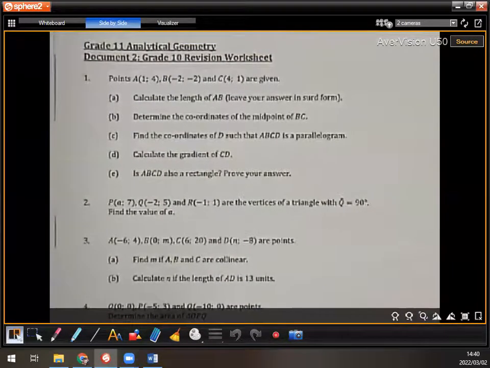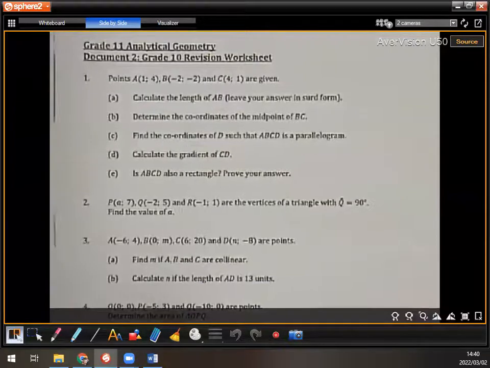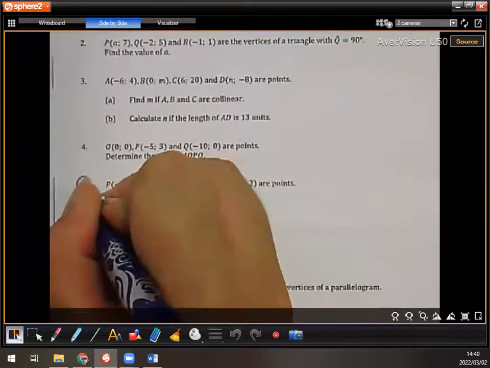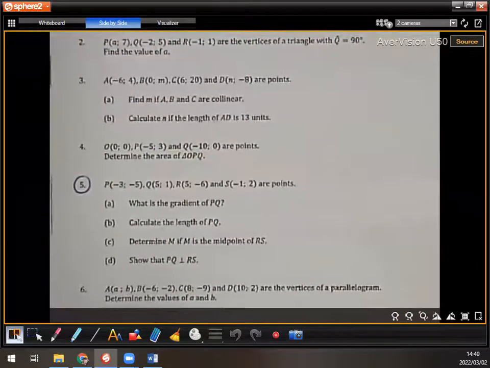I'm just looking at the other questions here. I actually want to do number 5 with you. Then I'm going to give you guys some to work on now if we have time at the end of the lesson, and we're going to do some more work tomorrow as well. So you can just write grade 10 revision worksheet.